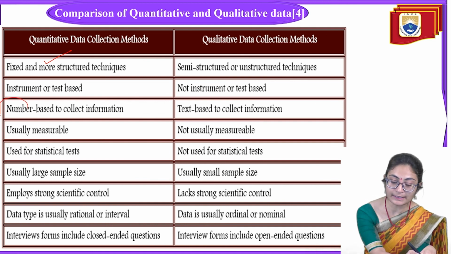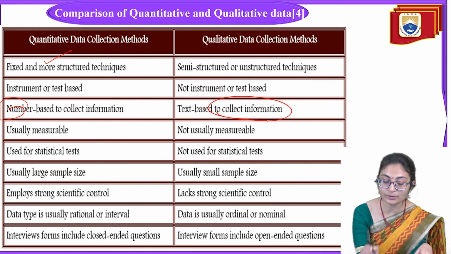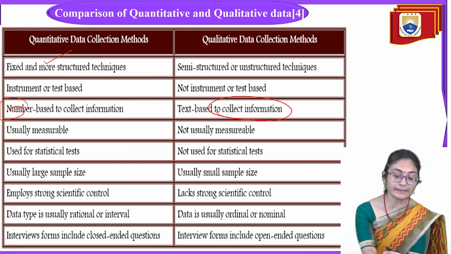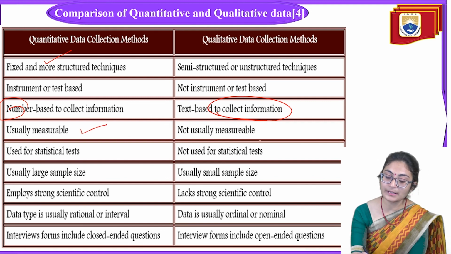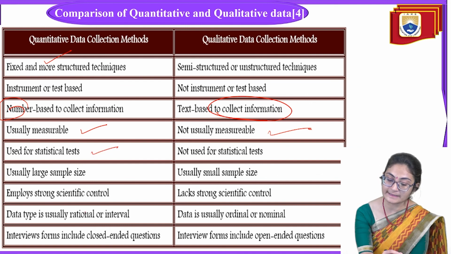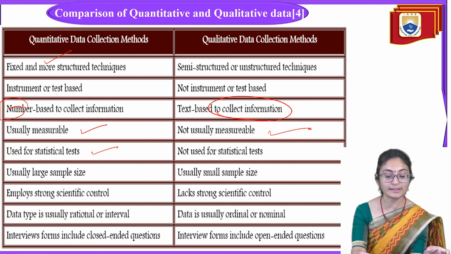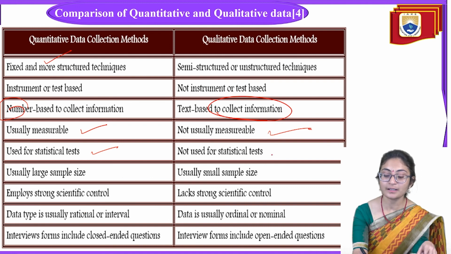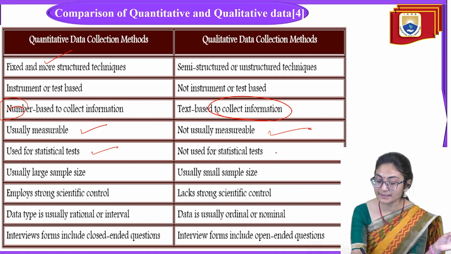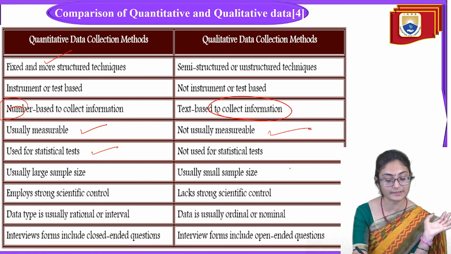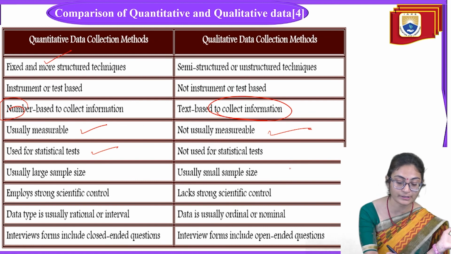Quantitative data contains numbers and depends on the collection of information. Quantitative is measurable, while qualitative is not measurable. Quantitative methods are used for statistical tests, and qualitative data is not used for statistical tests. It is used only for showing the characteristics of the data.